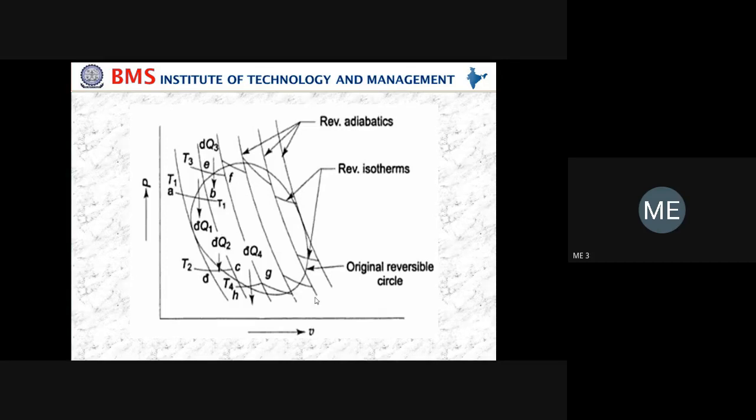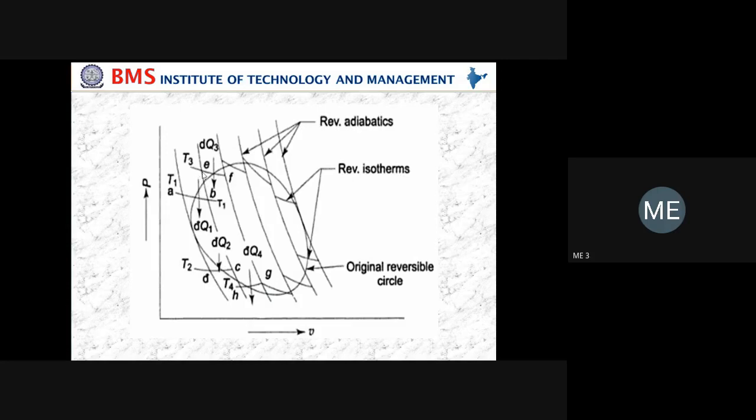Now I am taking the first cycle. T1 is the temperature at which heat is added in the isothermal process. You see the arrow mark: dq1 is the heat added and dq2 is the heat rejected. T1 and T2 are the constant temperatures during isothermal expansion and isothermal compression.